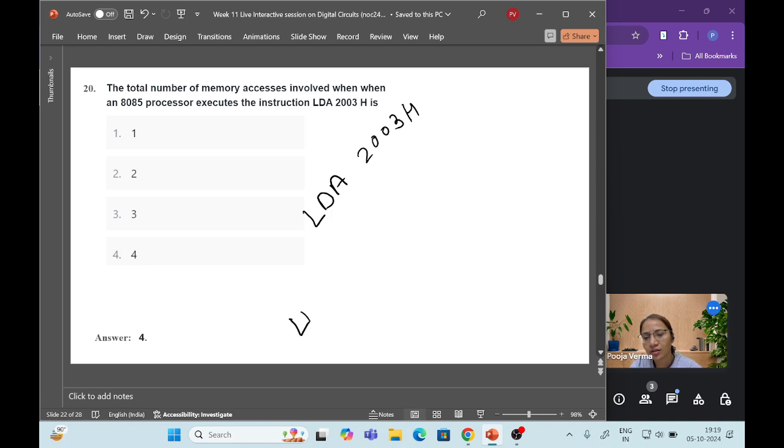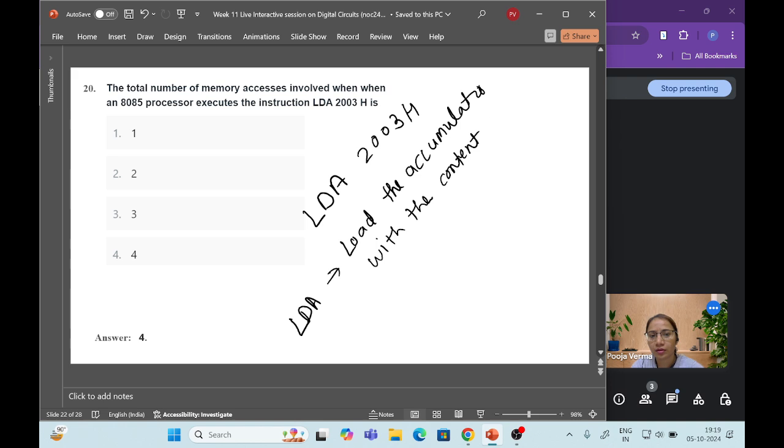LDA means load the accumulator with the content of location 2003. How many machine cycles does it include? It includes 4 machine cycles.